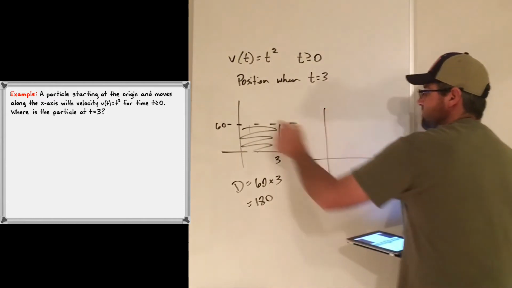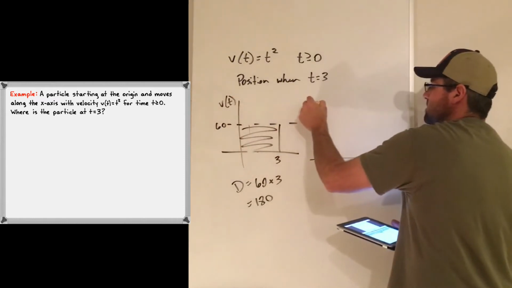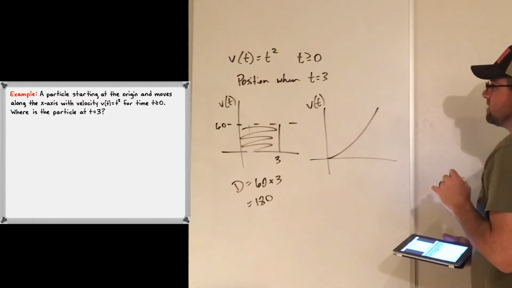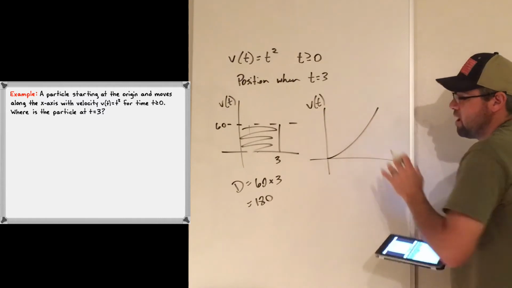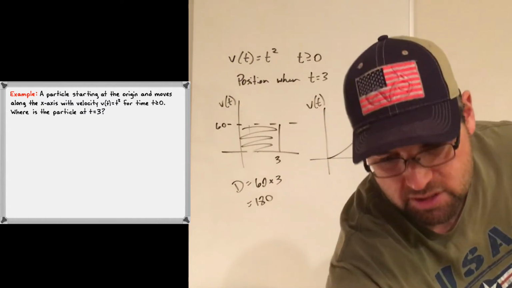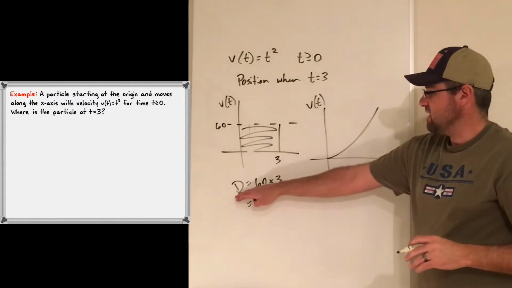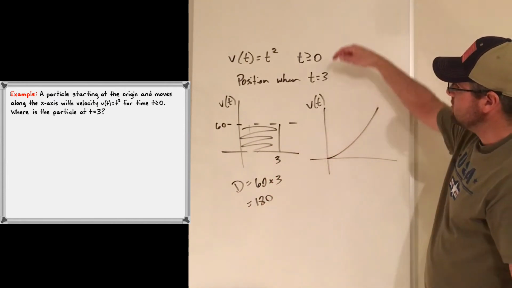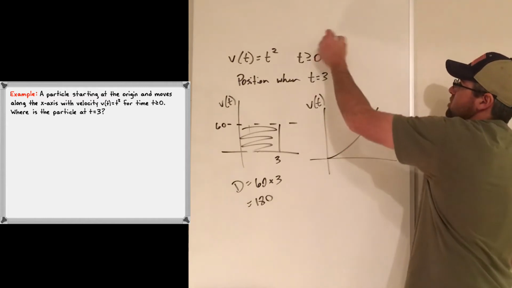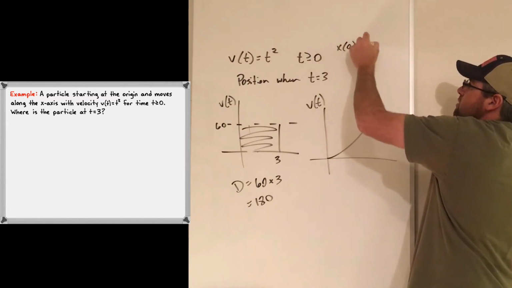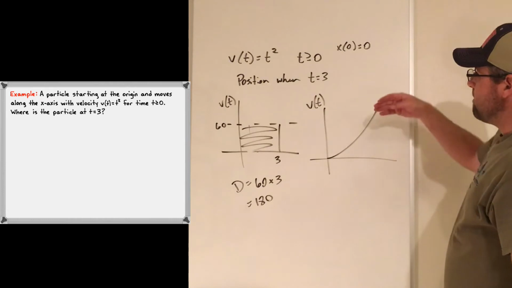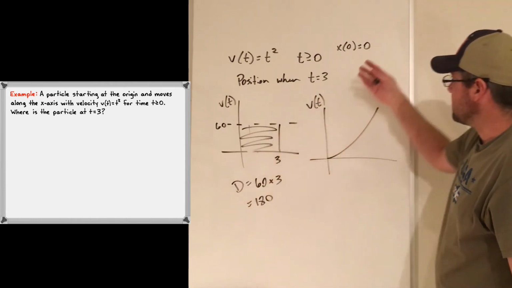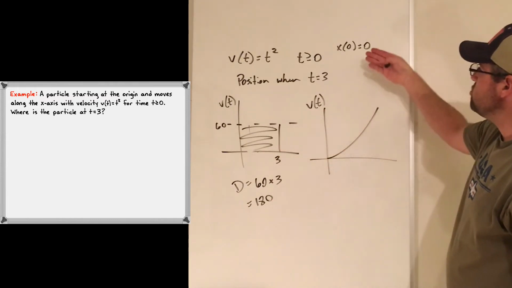Now, in our case, this is a velocity time graph. Just like this is going to be a velocity time graph, t squared looks something like that. And we are looking for the position of the particle. Now notice this looks different than this, the distance traveled. The 180 is the distance traveled. Well, if I start at my initial position, x of 0 is 0, I started at the origin, I said, then my position is going to be whatever my distance traveled is, because I would just add my distance traveled to my initial position.